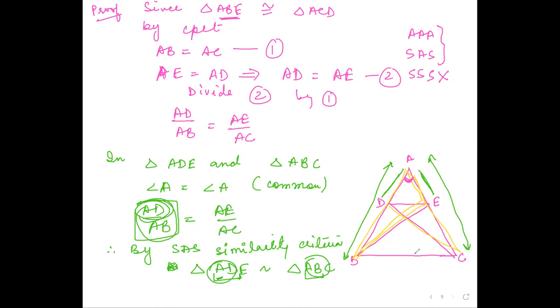So have you written? Yes, ma'am. Now come to question number 7, which has 4 parts. I think I can take up one or two. Now in figure 6.38, okay, the figure is given. That's the figure.